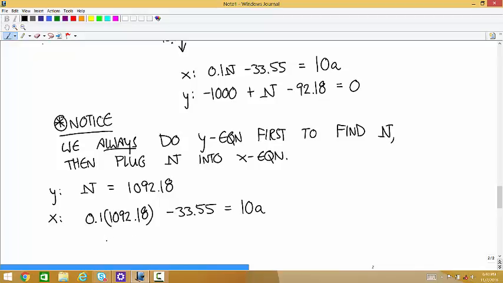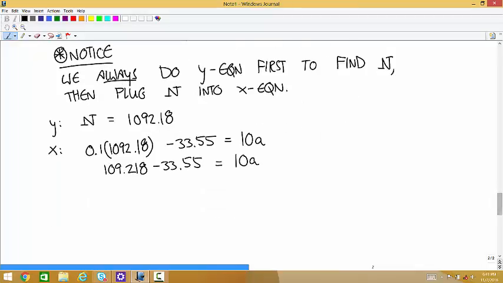So 109.218 minus 33.55 is equal to 10a. Can someone solve for a for me? 7.57 meters per second squared.